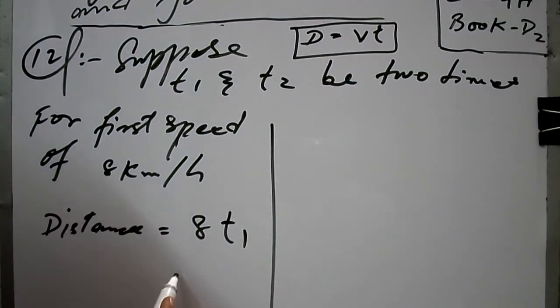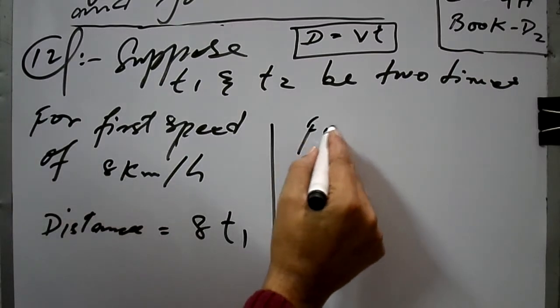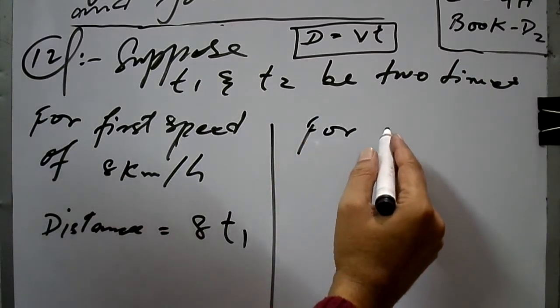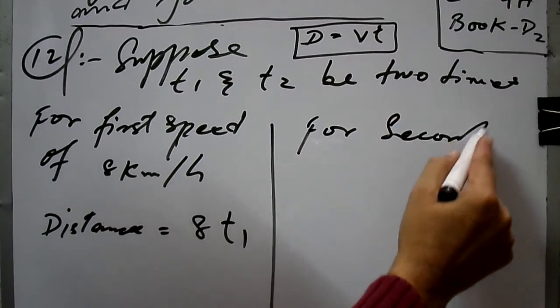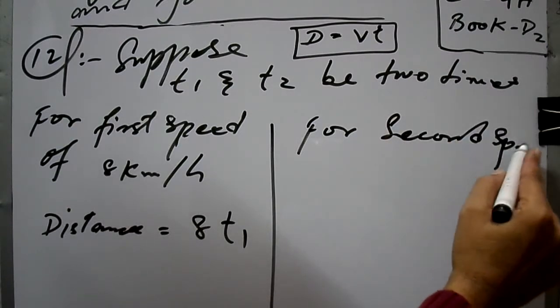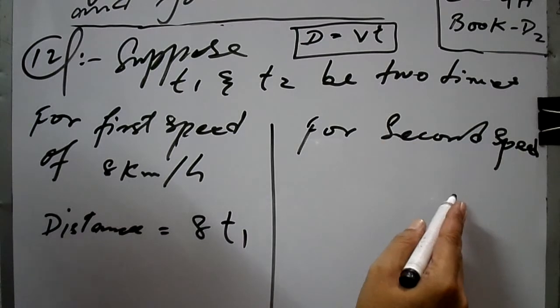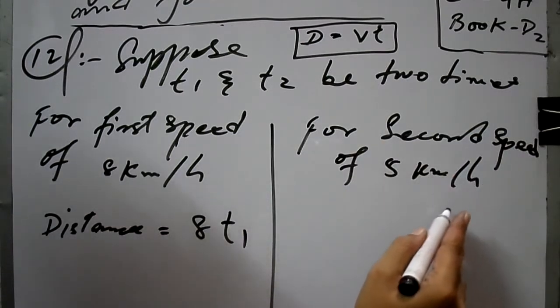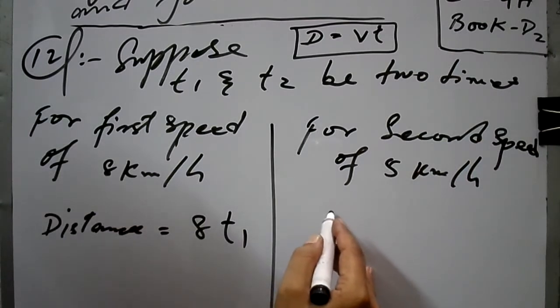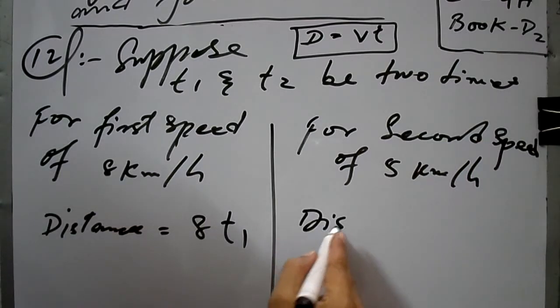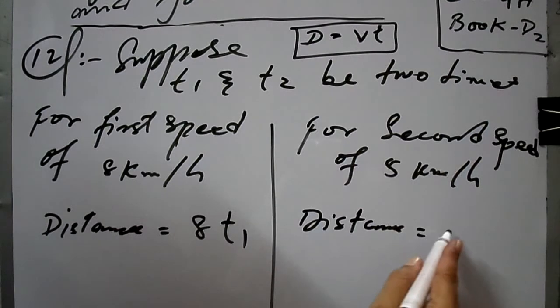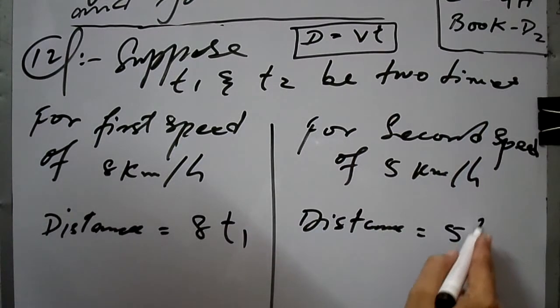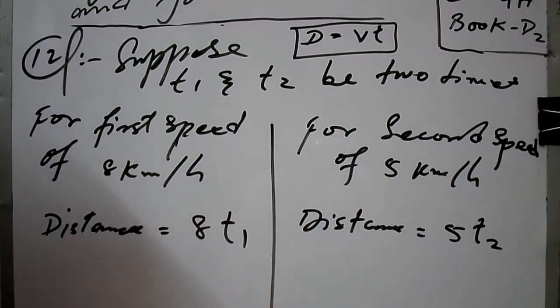Similarly for the second speed of 5 km per hour, the distance in this case will be equal to 5T2. Both the distances covered will be equal.